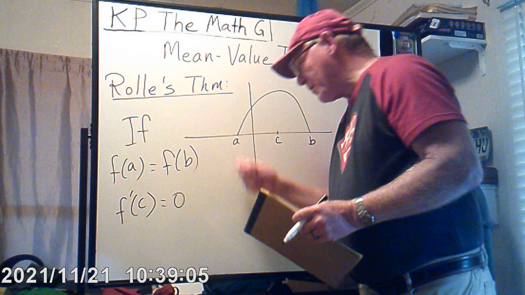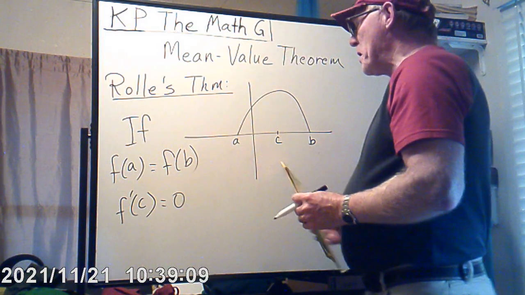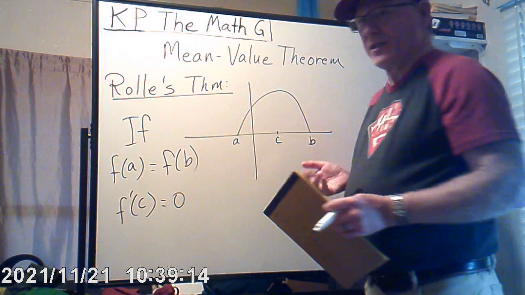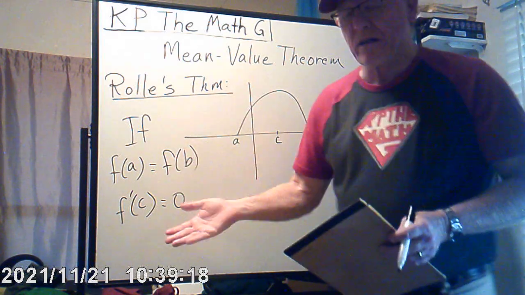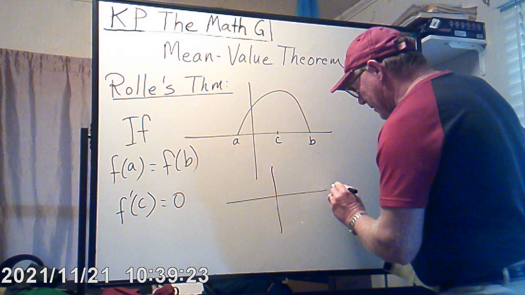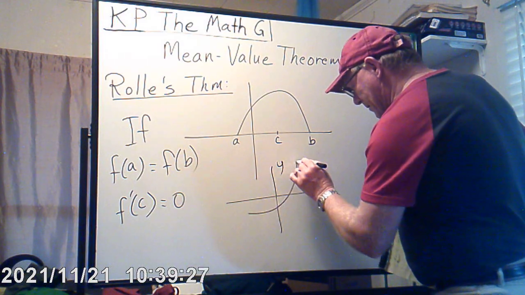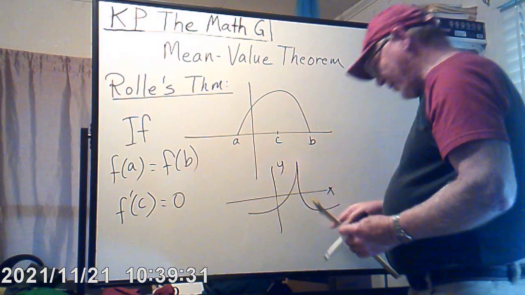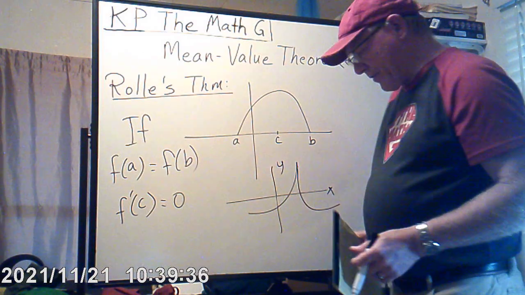Okay, differentiable. If it's differentiable, one thing we do know is that it is continuous, albeit not everything that is continuous is differentiable. For example, this picture right here, X and Y, as you probably have seen before, this is definitely continuous, but not at all differentiable.